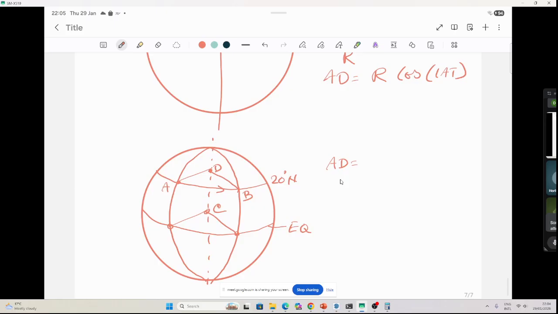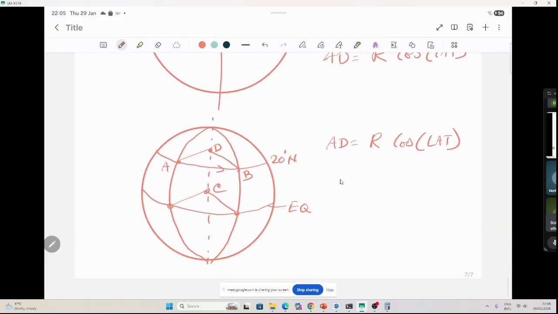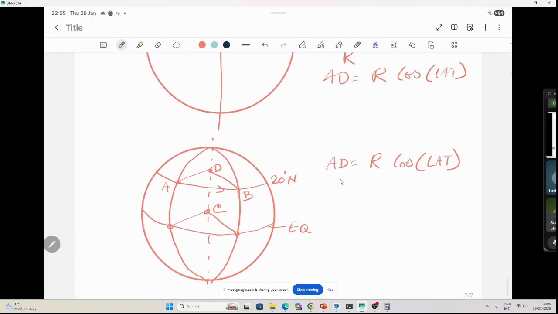AD equals to R cos latitude. Okay, so in this case, R cos latitude. Okay, so if I take this piece of the circle and this piece of the circle, it will be like this.